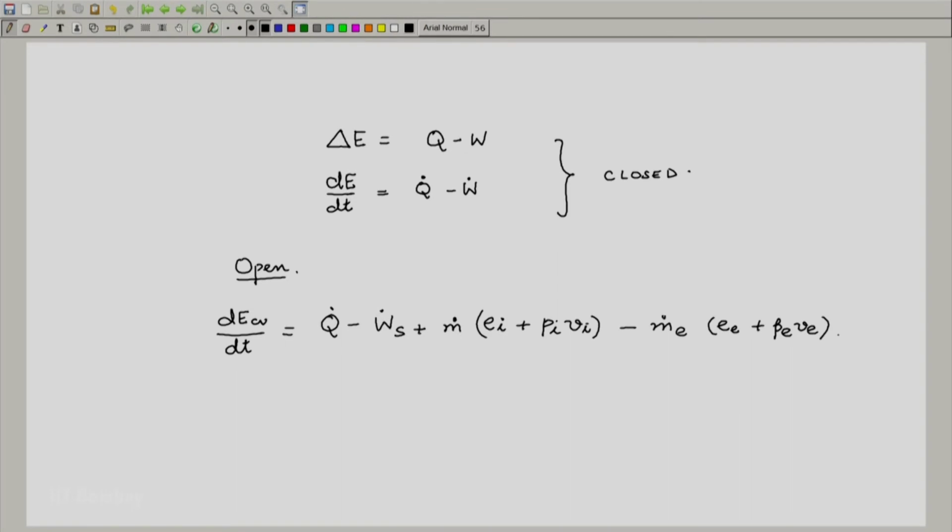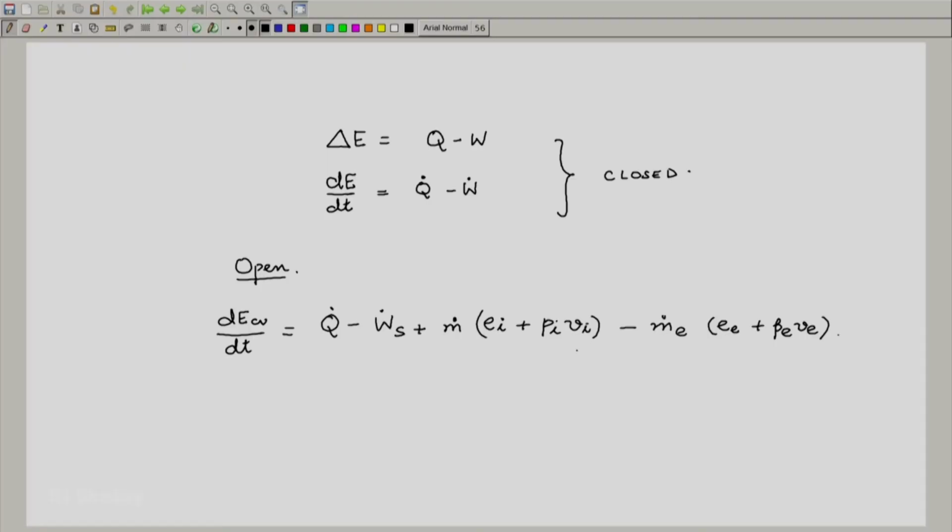So, one notices that the left side, that is the energy of the control volume, can be expressed as Q dot, which looks similar to what is seen in the expression for the closed system, but the work transfer we take only W dot s, whereas there are two other components of work transfer which relate to the mass flowing in and out, and those are written separately here and which are denoted by these two terms Pi Vi and Pe Ve with their respective mass flow rates. Sorry, there should be an m dot i here.